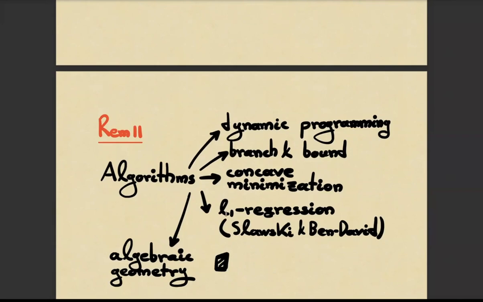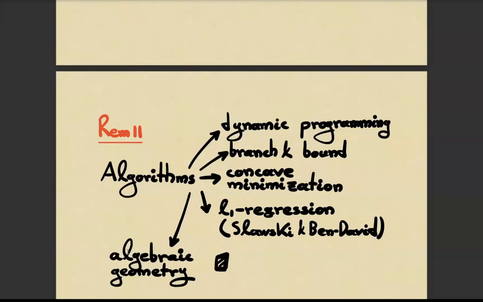I have to say here that when we know that the permutation is sparse, so in our vector, we know that just a few coordinates have been permuted, that makes a big difference. It makes the problem much more tractable. And there, Slawski and Ben-David have done a lot of work theoretically and algorithmically. And it can even be solved with theoretical guarantees with L1 regression.